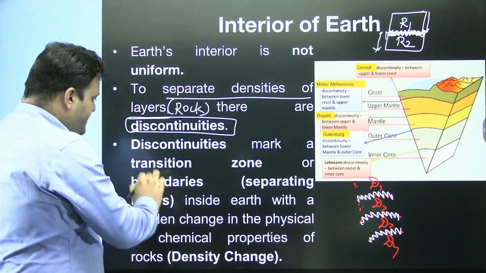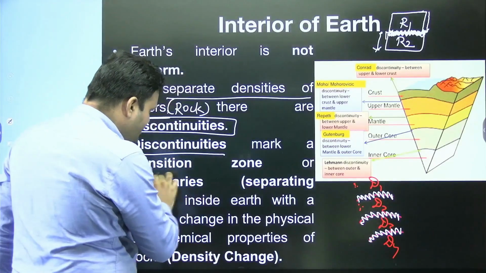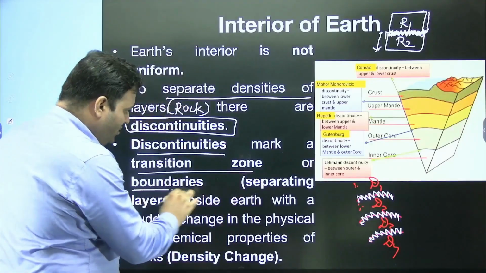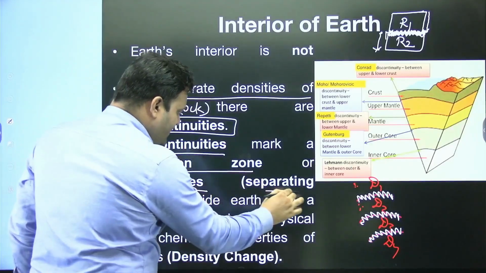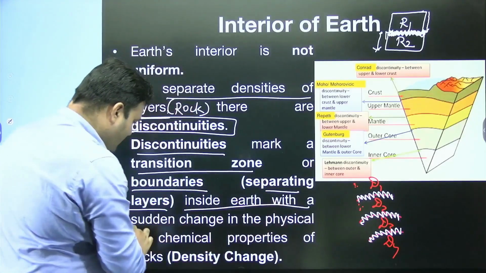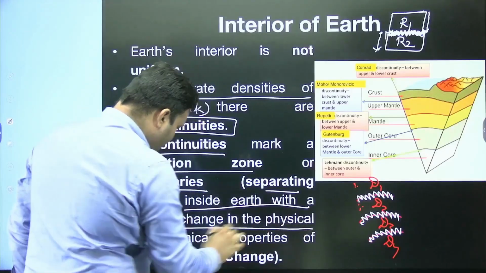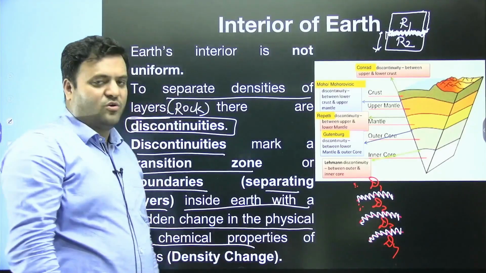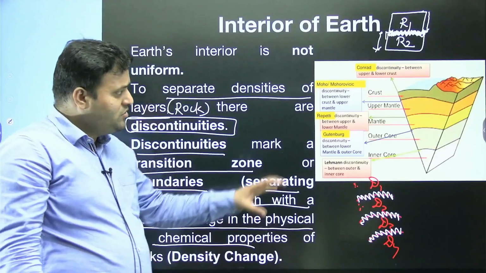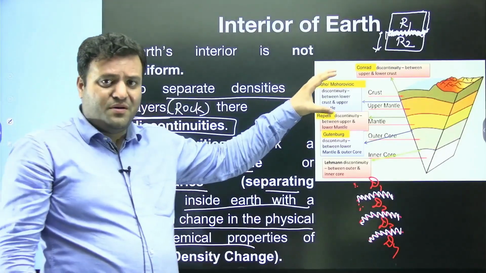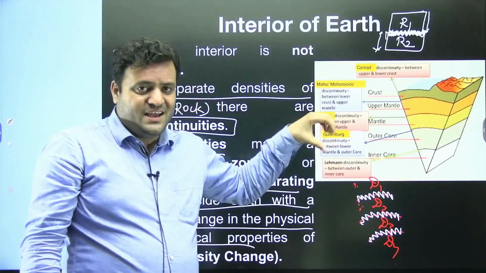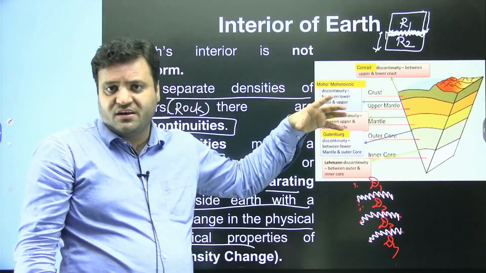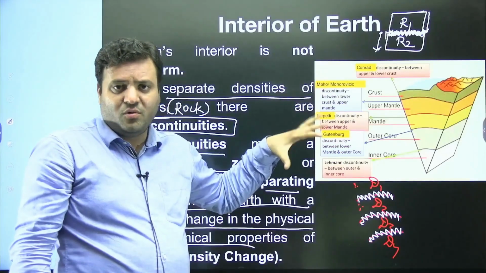So discontinuities mark transition zones or boundaries separating rock layers inside the earth with a sudden change in the physical and chemical properties of rocks. So I hope you remember crust, mantle, core. The basis of division of crust, mantle and core is also density.